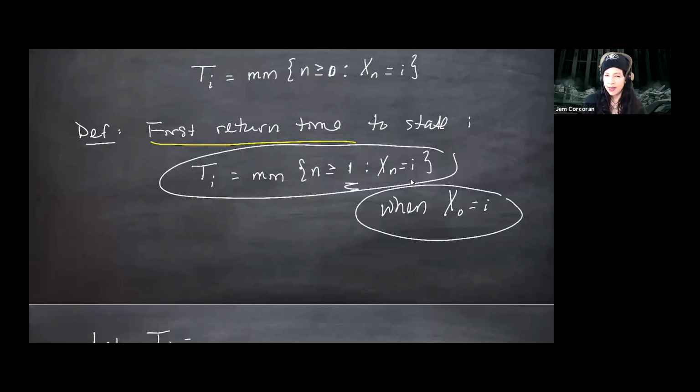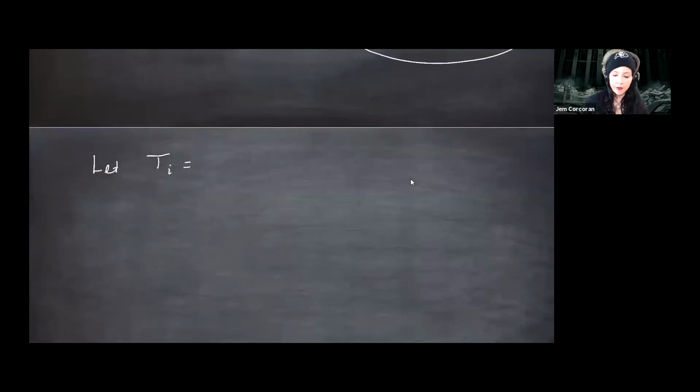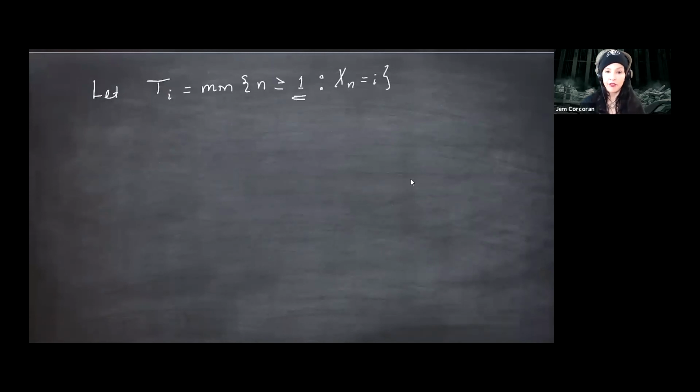It's a first hitting time, but not allowing time 0, so I'm not going to call it anything. I'm just going to write the minimum n greater than or equal to 1, such that X_n is i. The 1 is important for this definition. So this is going to be a first return time to i if we start at i.